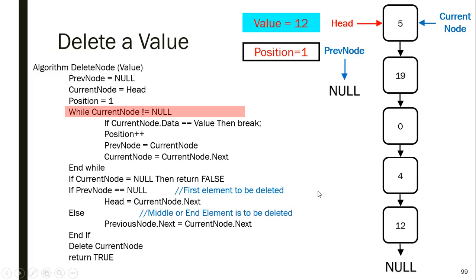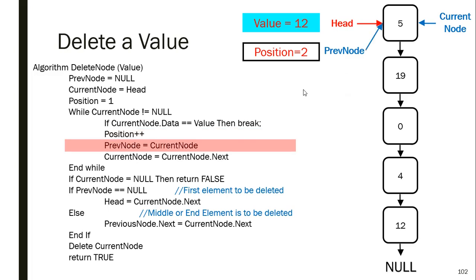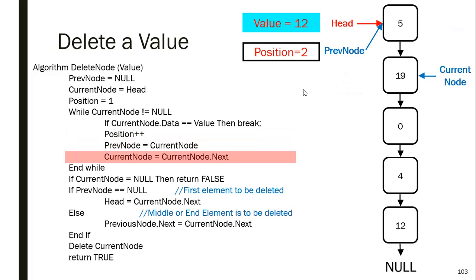So if current node dot data is equal to value, we all know that this condition will be false until we reach this last one. So 5 is not equal to 12. So position will be incremented, and previous node will point to the same node to which current node is pointing, and current node will move forward.